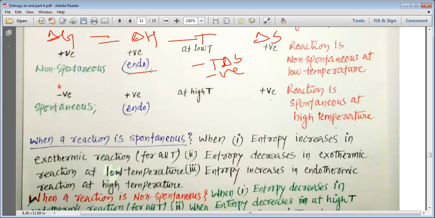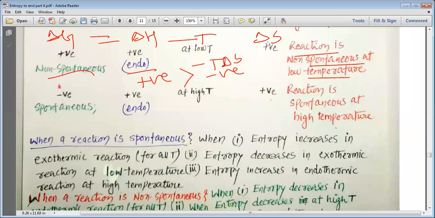And this value, if it is positive, what happens? If this positive value is greater than the negative value, that means at low temperature, T has got the lower value. So when T has got the lower value, the reaction becomes non-spontaneous. So the reaction is non-spontaneous at low temperature when the value of delta S is positive.